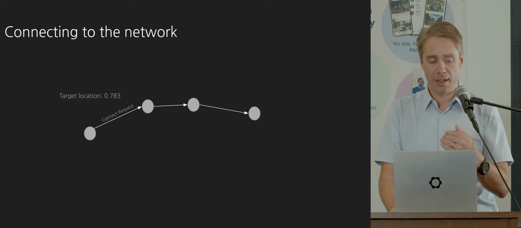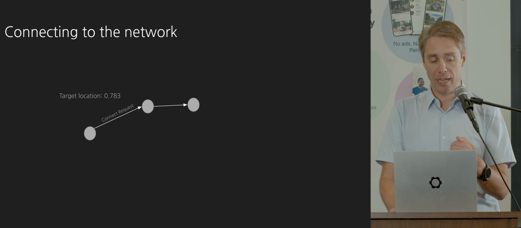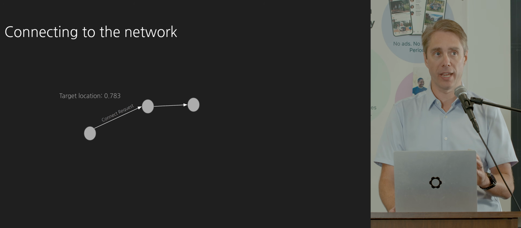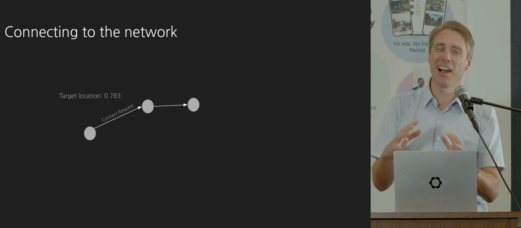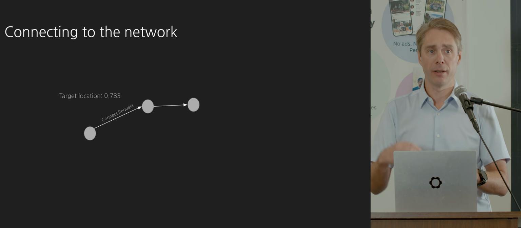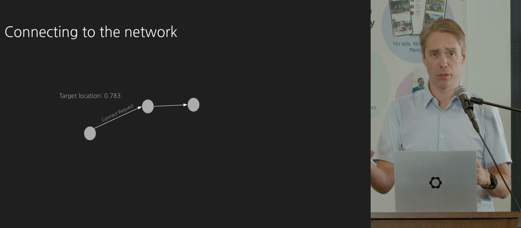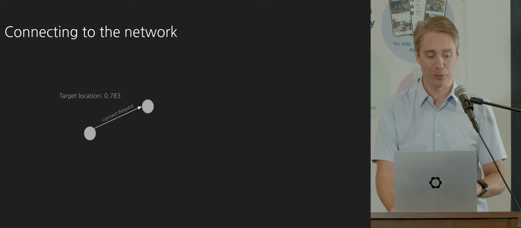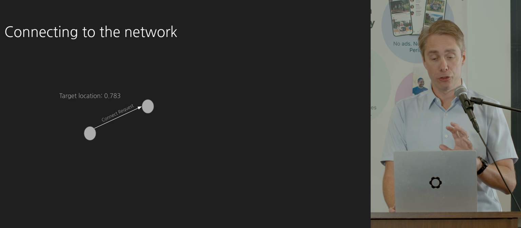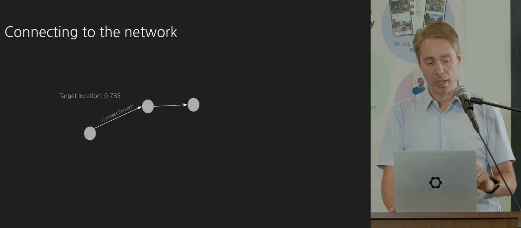Every connect request starts with a target location, which is essentially saying, I would like to connect to a peer with a location close to this one. And in a moment, I'll explain how it chooses that target location.